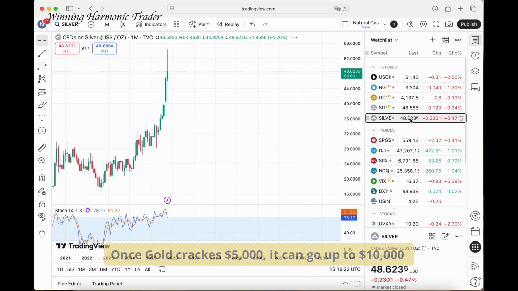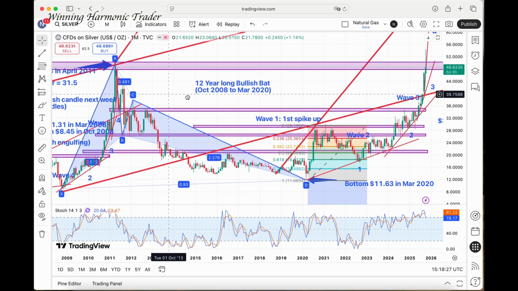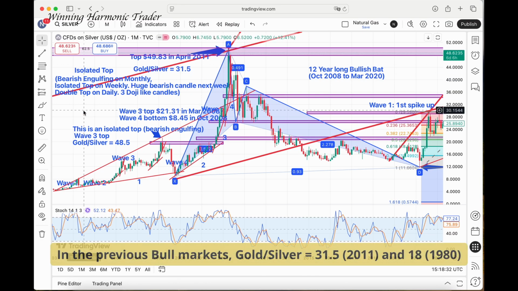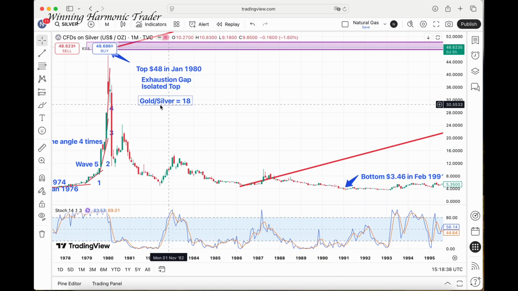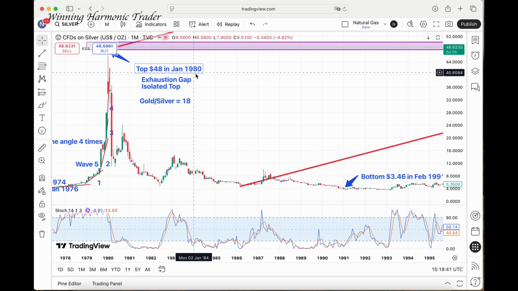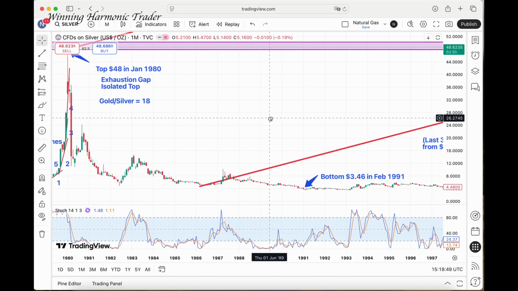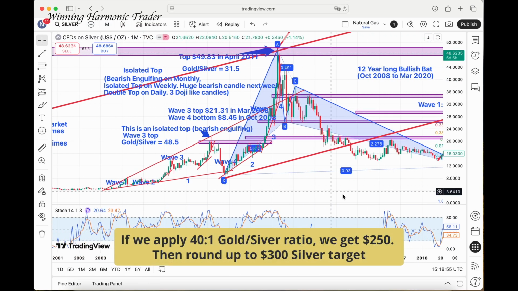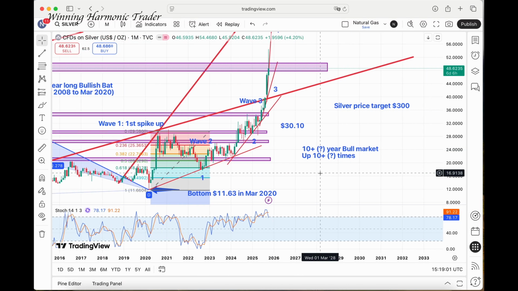So if we apply a gold-silver ratio, when you look at the previous bull market, the gold-silver ratio was 31.5 at the top. In 1980, the gold-silver ratio was 18. So even if we conservatively apply a 40-to-1 gold-silver ratio, when gold goes up to 10,000, silver is 250, right?